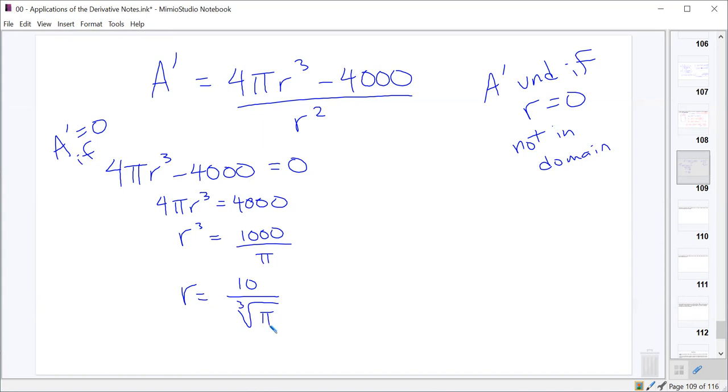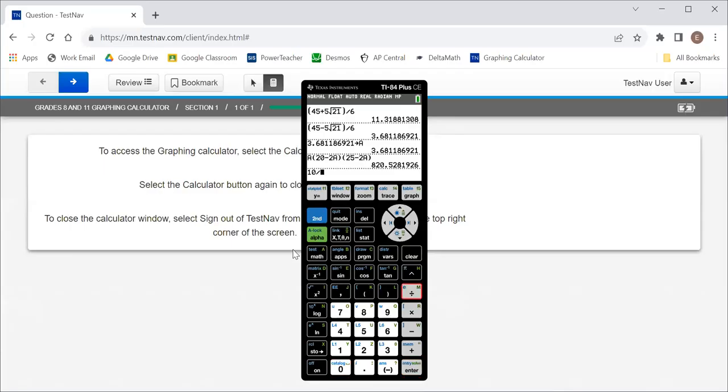And let's just get an approximate value for this, just so we've got it for our sign chart. We're going to need to put this value onto a sign chart. So here, we'll put 0 as an endpoint over here, even though it's not really an endpoint. We've got 10 over the cube root of pi, which is approximately equal to, and let's take a look on our graphing calculator again, 10 divided by the cube root of pi, that's about 6.8.